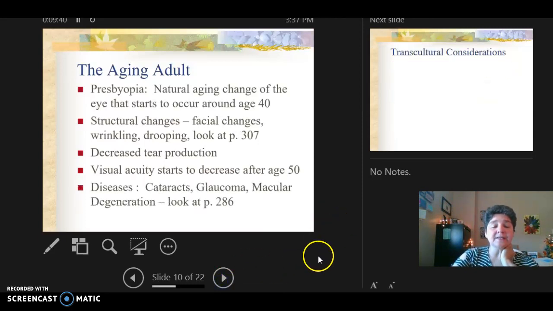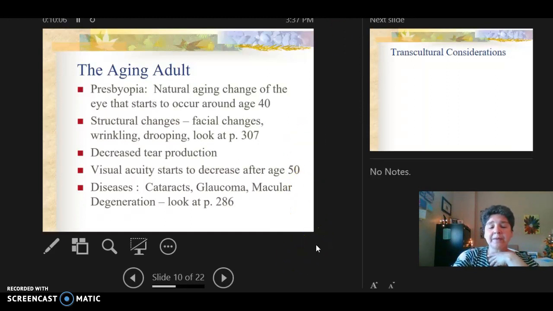Some of the diseases that you will recognize are cataracts, glaucoma, and macular degeneration. Cataracts are able to be surgically corrected. We can remove the cataracts, and now when you have cataract surgery, they often put a new lens within the eye, and that helps the person to be able to see better.